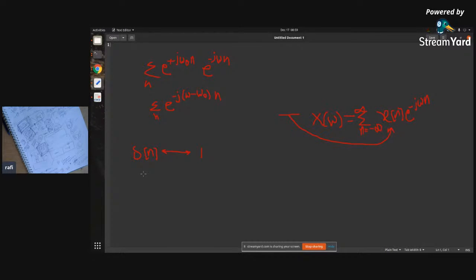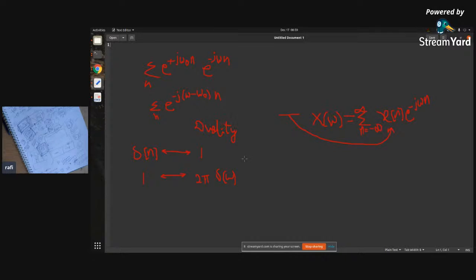So when you take the DTFT of 1, it will be 2 pi into delta of omega. This is called the duality property.